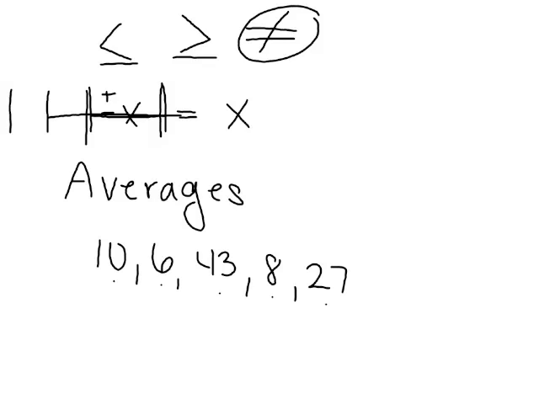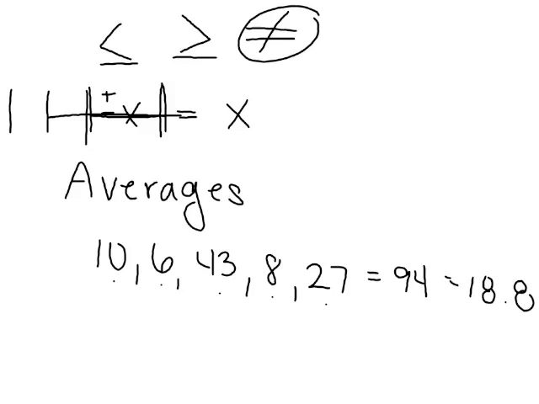So we need to add all these together and then divide by 5. 10 plus 6 plus 43 plus 8 plus 27 equals 94. And then I divide that by 5 equals 18.8.